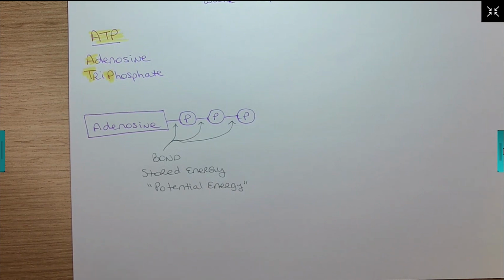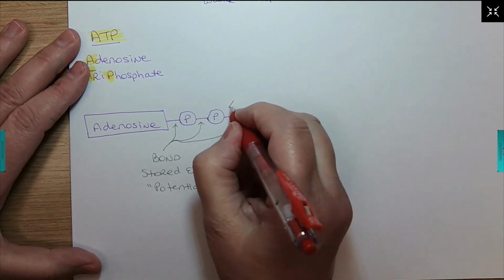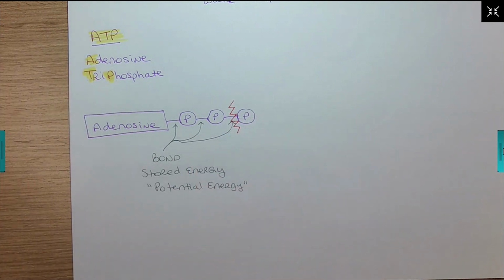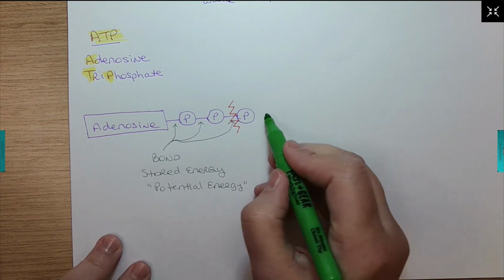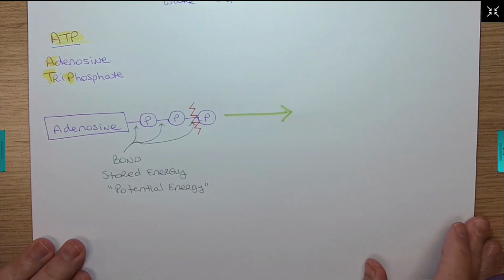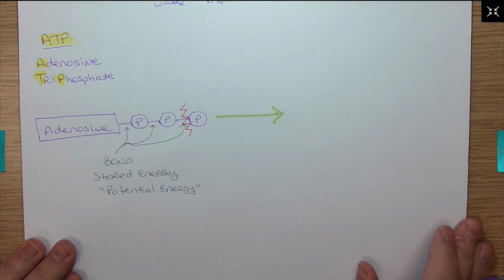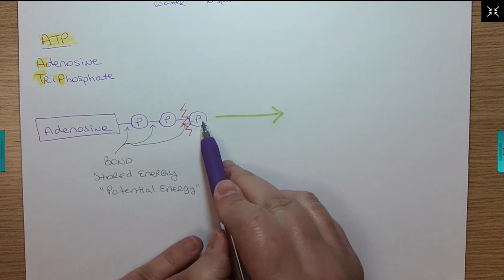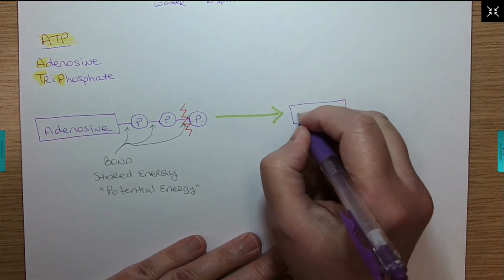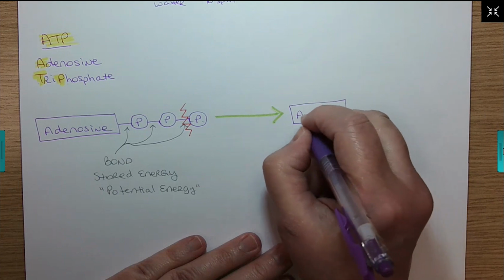So what's going to happen is that ATPase molecule is going to break that bond holding the 2nd and 3rd phosphate together, which is going to result in a chemical reaction here. And when that bond breaks, releasing that 3rd phosphate, we're going to get a molecule that only has 2 phosphates.